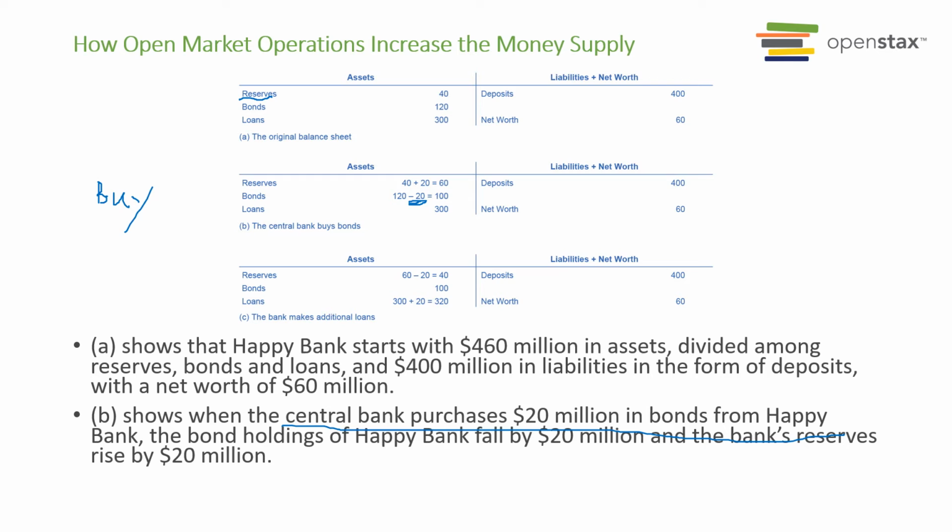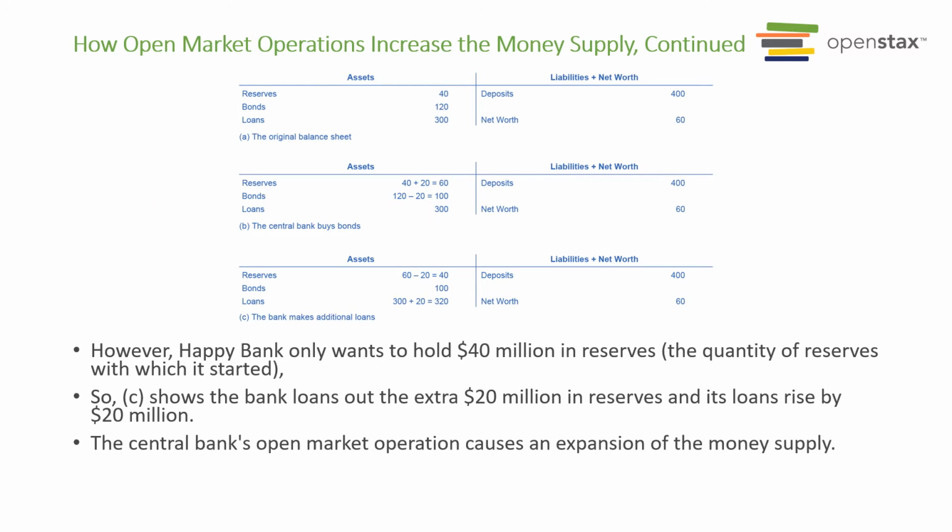We're going to have extra cash in the bank. So whenever they buy bonds, that means more cash, or more money supply in the economy, because with this extra cash, the banks can lend the money out. Remember our money multiplier? When the bank lends the money out, that's additional money creation in the economy. Now vice versa.